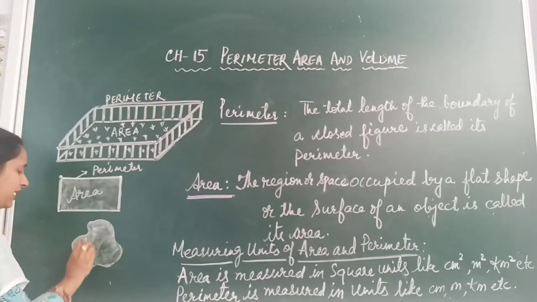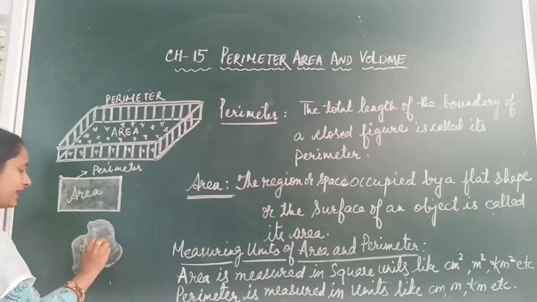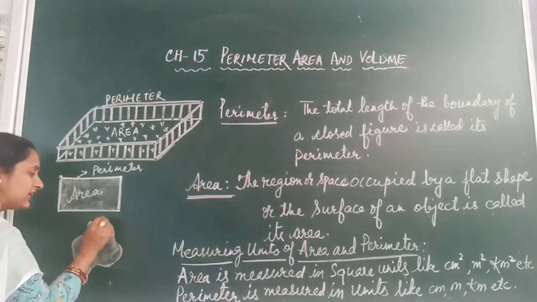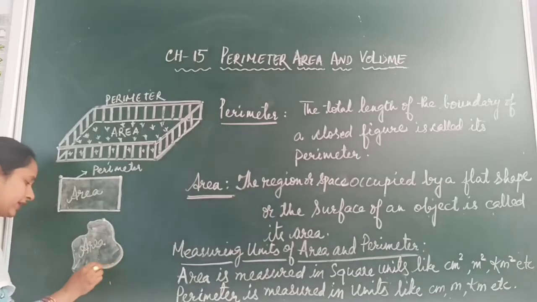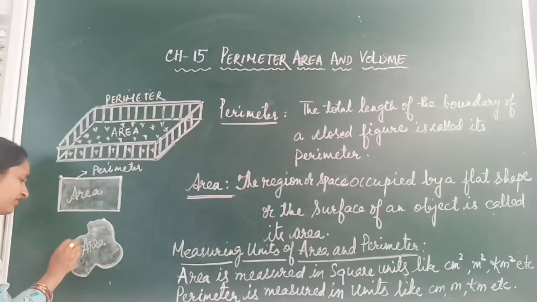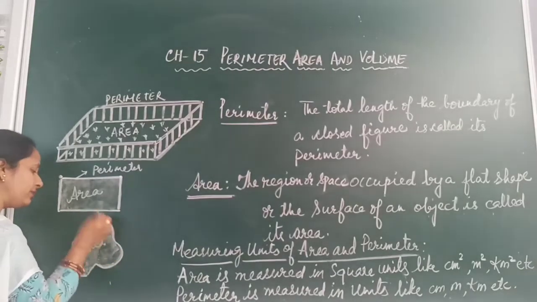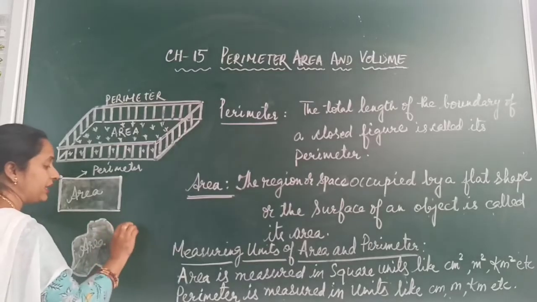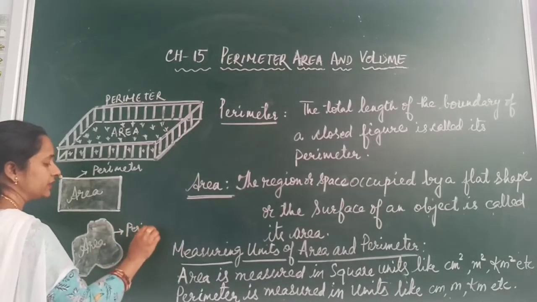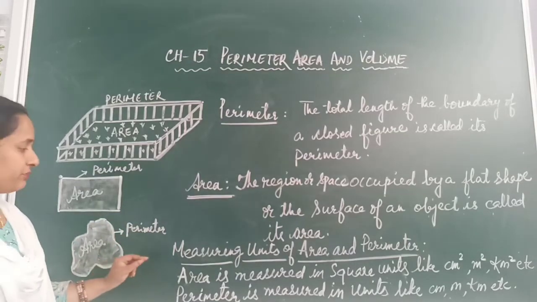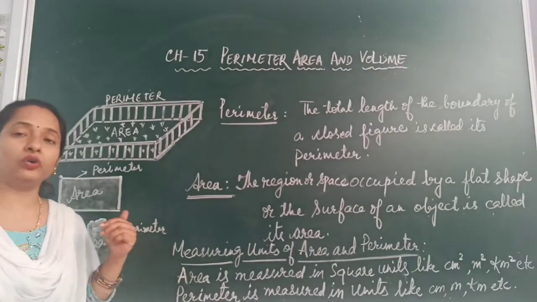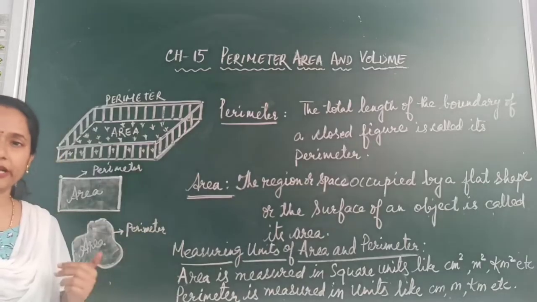So whatever the space is being occupied will be called as the area, whereas if you will try to measure the length of the boundary of this particular figure, then it will be called as the perimeter. Understood?